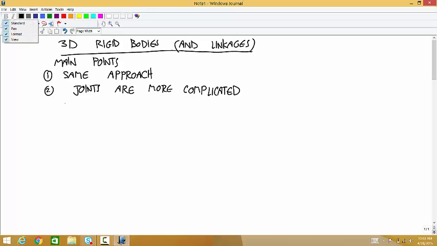Second, the moments of inertia, the mass moment of inertia, are not scalars anymore, they're matrices.